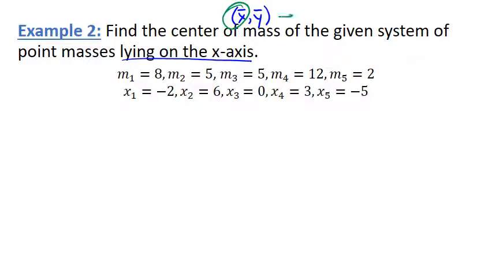Now, if you refer to example 3 in your text, this will give you an example of a two-dimensional system in which you'll have to find x bar, y bar for the center of mass. But here we just have a linear system on the x-axis. All right, so we have these different masses located at these different x values.